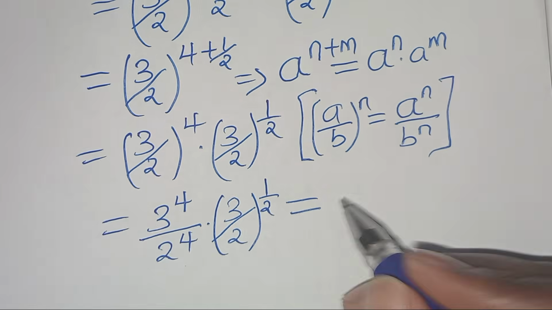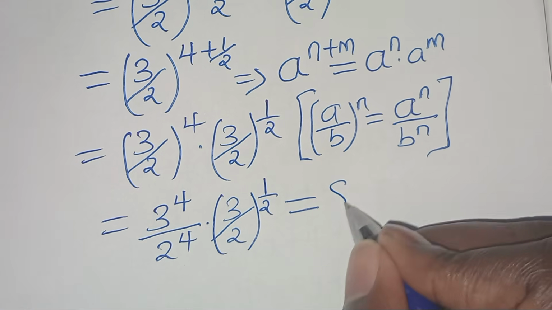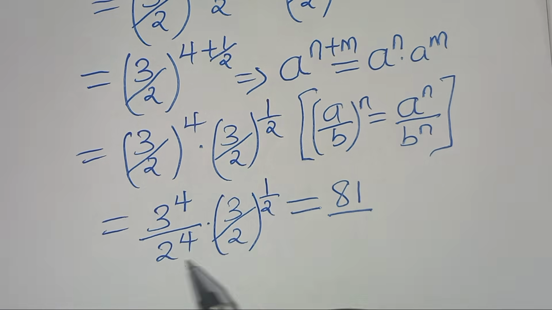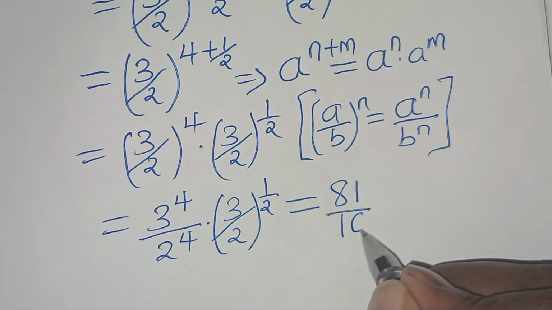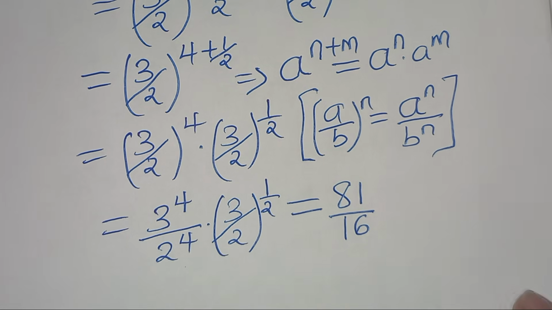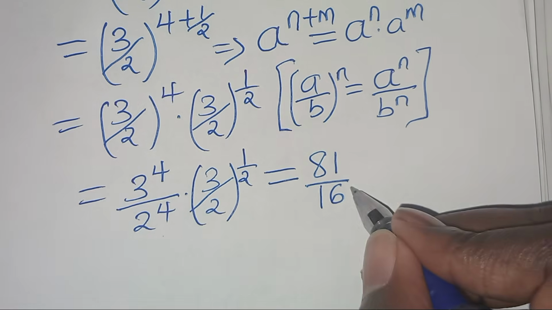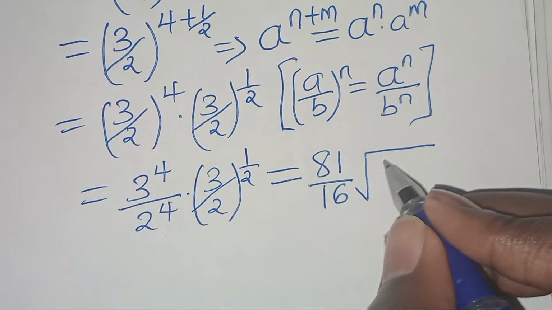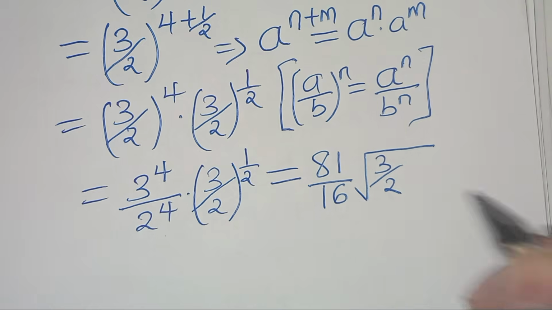Now, 3 to power 4 is equal to 81, over 2 to power 4, which is equal to 16, then multiplied by square root of 3 over 2.